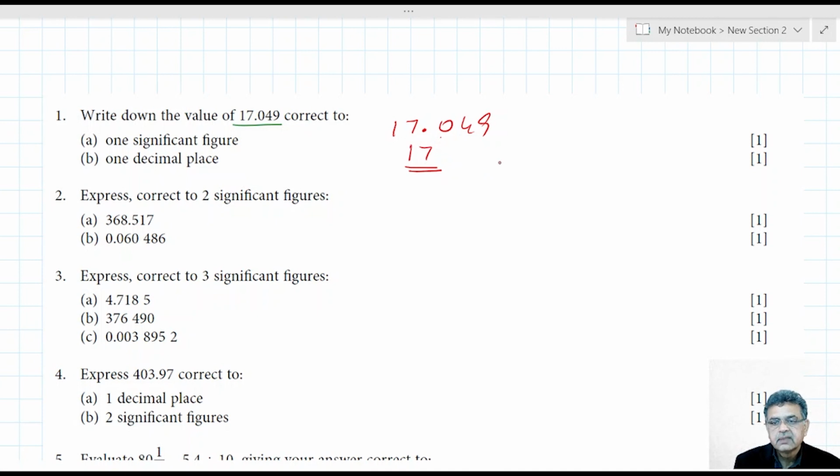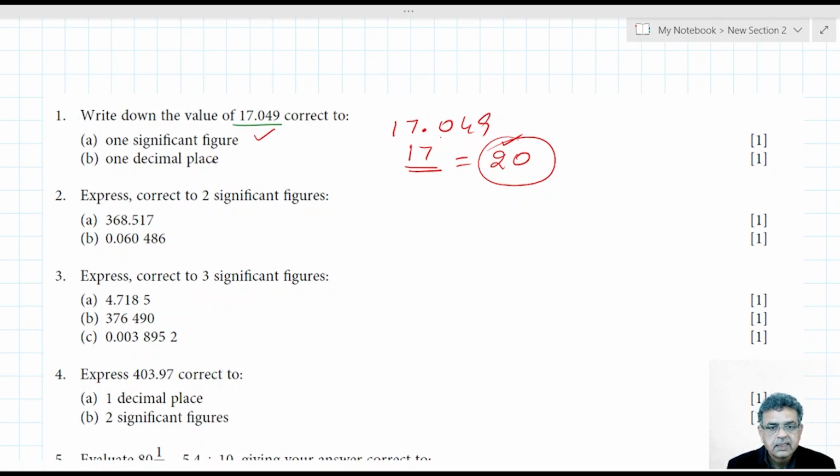So one significant figure means this will be to the nearest 10, that will be 20. So this is the answer of part 1, that is one significant figure, which is 2. This 0 is trailing 0, and in case of whole numbers, trailing 0 is not significant.